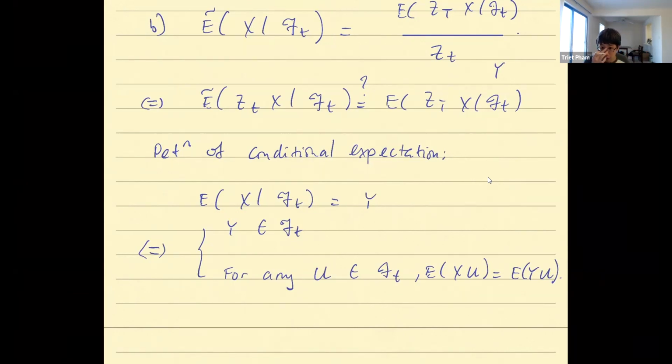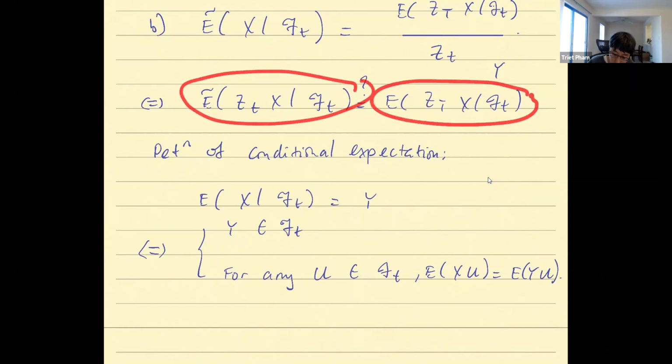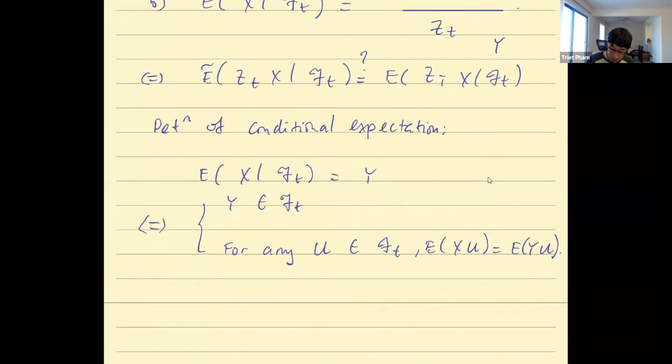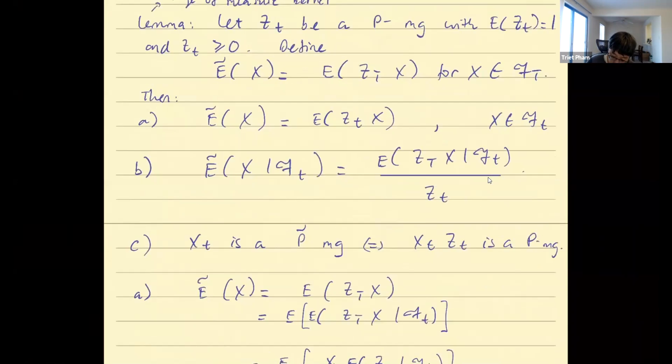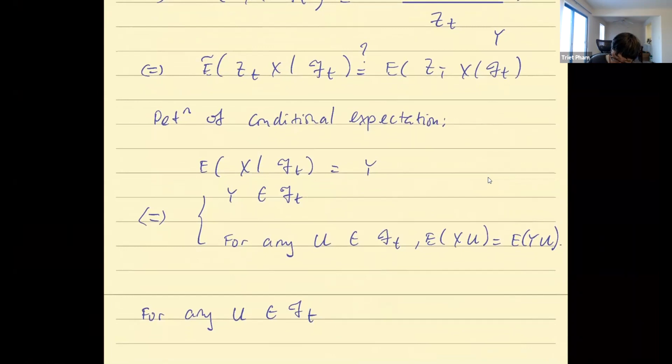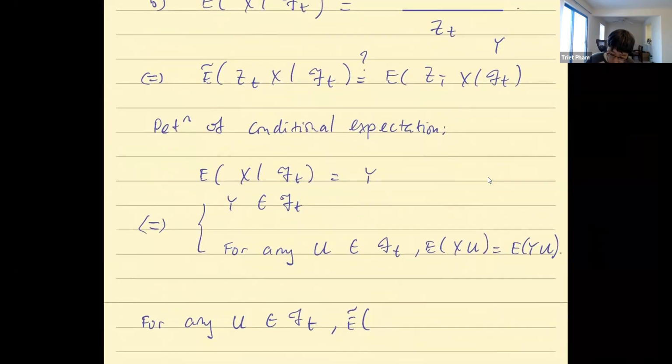So what we want to show, because we're claiming that this conditional expectation is equal to this, is that for any U in FT, because we say conditional expectation of E tilde, that means that E tilde of this guy. So maybe let me just call it Y, okay?